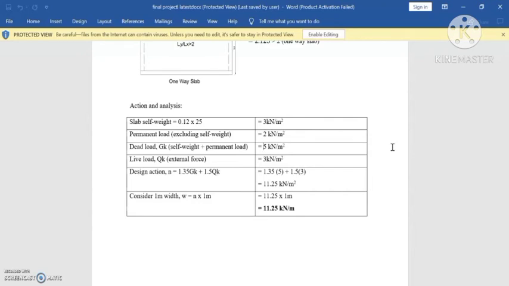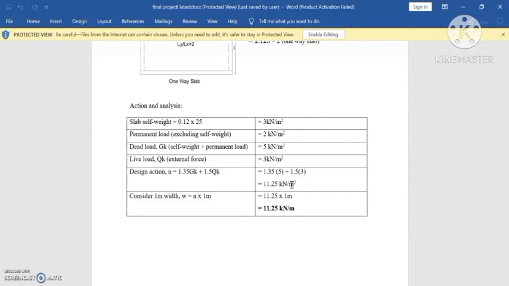And the design action is a standard from the Eurocode. This is a fixed formula, where Gk is multiplied by 1.35 as set by the Eurocode, and Qk by 1.5. And we consider it as a 1 meter width. 1 meter width, because we all know that the one-way slab has 2 forces only.